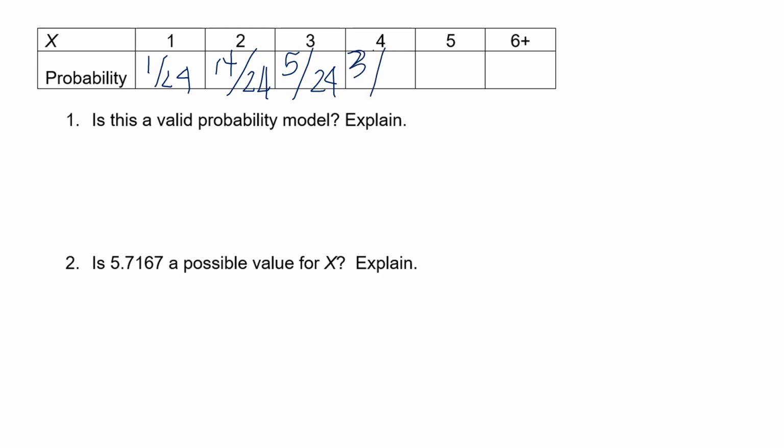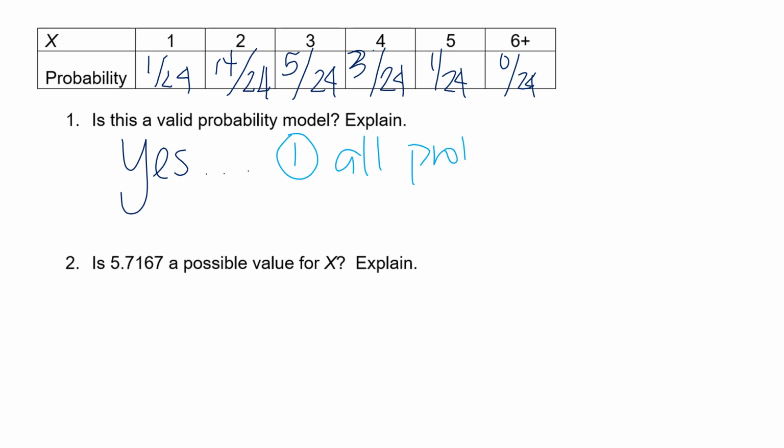So 3 out of 24, 1 out of 24, and 0 out of 24. You should be able to say that yes, this is a valid probability model because of the 2 things we talked about last chapter: all probabilities are between 0 and 1, and all of them add up to 1.